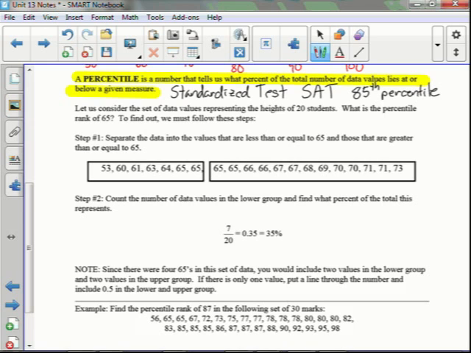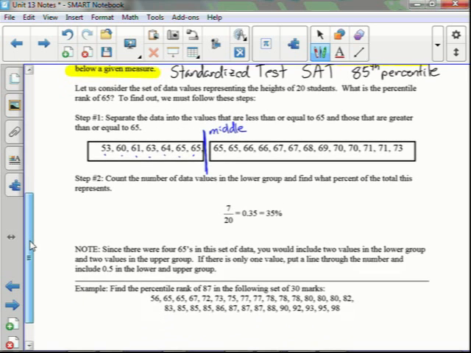Now you'll notice here that there are 4 65s. So because there's 4, 2 are going to go in the lower half. We're going to split it right there. So we want to split it in the middle. You always want to go in the middle. So the middle of the 65s is 2 below, 2 up. Now how many do we have? 1, 2, 3, 4, 5, 6, 7. 7 out of 20.